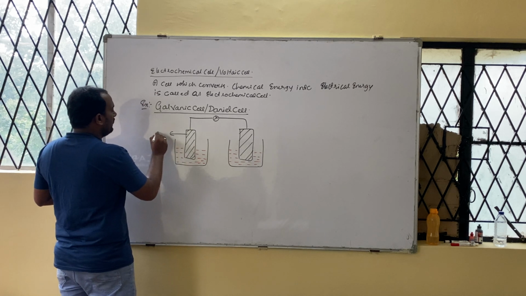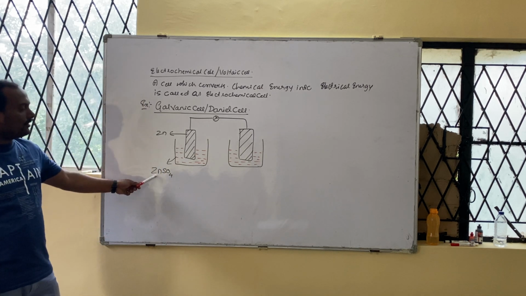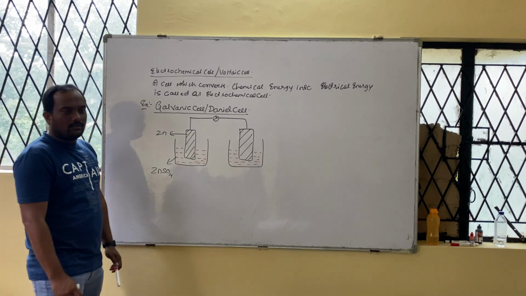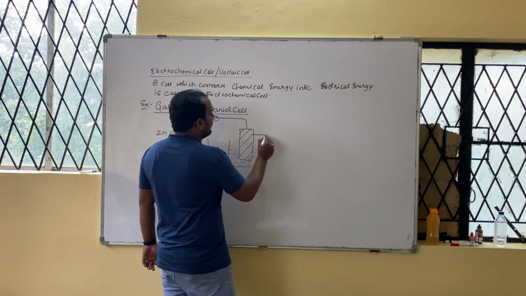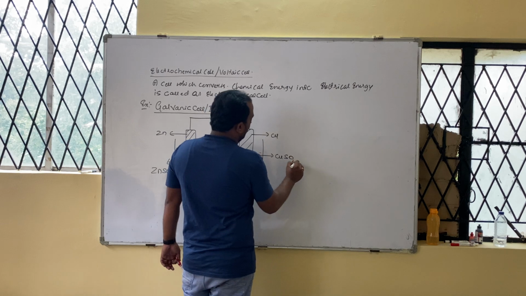One is zinc dipped in zinc sulfate. See, the concept will not change. Electrode and electrolyte should contain which ion? Common ion. Then another one is copper. It should be dipped in which solution? Copper sulfate.